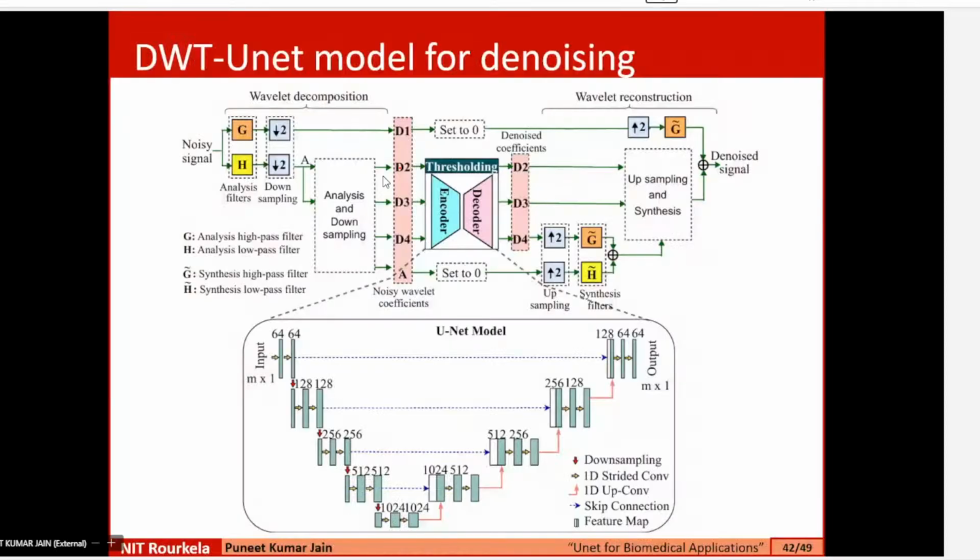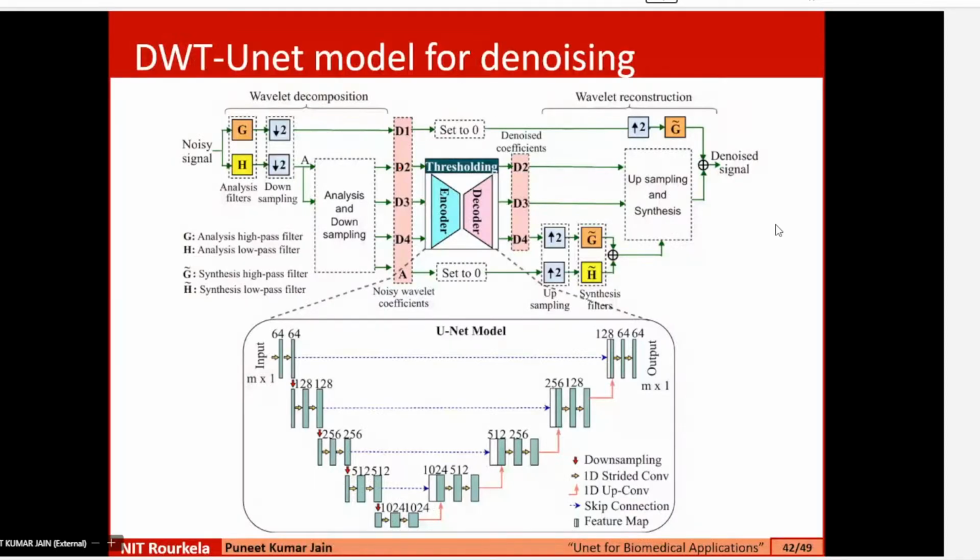Here, in this specific work we have produced, instead of using the time domain, we are decomposing the time domain signal into a time frequency domain signal using the DWT, that stands for discrete wavelet transform. So here we are decomposing the signal into different detail level coefficients and approximation level coefficients. We are applying the UNet model at each of these different levels separately to perform the denoising.